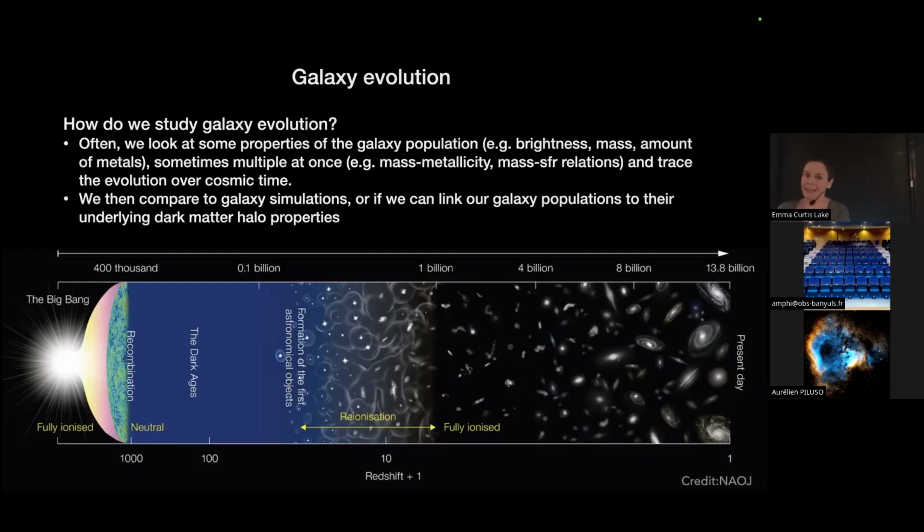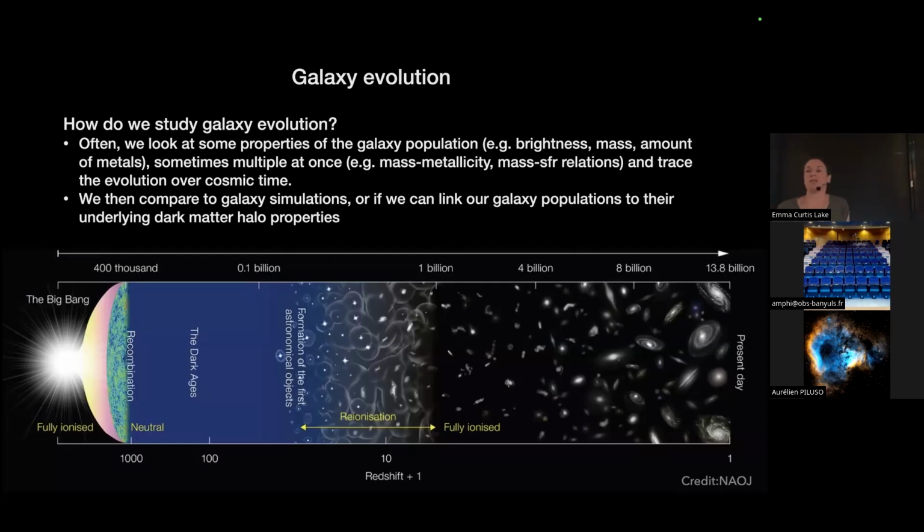How do we study galaxy evolution? Well, at the highest redshifts, it's been quite simple. And this broadly applies to lower redshifts as well. It's just that the complexity gets so much greater, so much more quickly. But you can think of taking some populations of galaxies and measuring their properties.